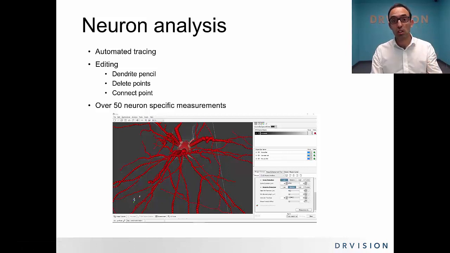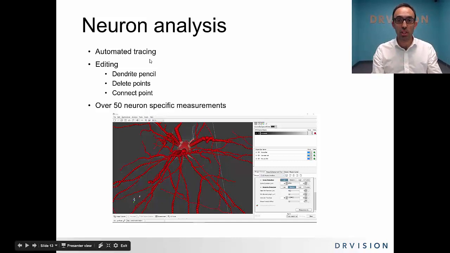For editing, we have introduced something called the dendrite pencil, which allows you to draw very quickly in 3D space and get additional dendrites added to the traces that you already have. And you can also connect those dendrites to the network that you obtained automatically.